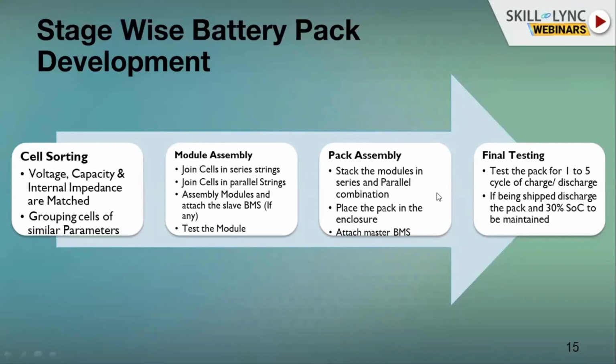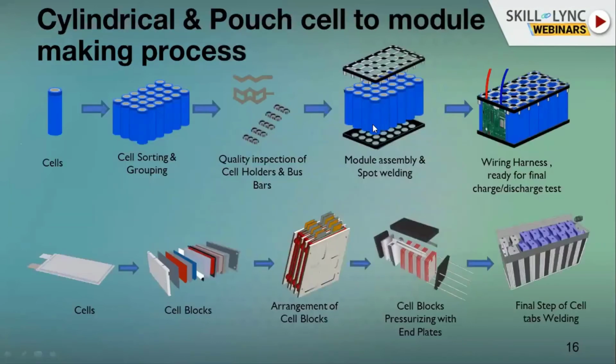After this pack assembly is done, the pack is again tested for a few cycles of charge and discharge. And if this is fine, the last step is to discharge the pack up to 30% of SOC, because to ship the battery pack to any location, it has to be discharged so that it is safe. So this is how the cell to module conversion takes place.